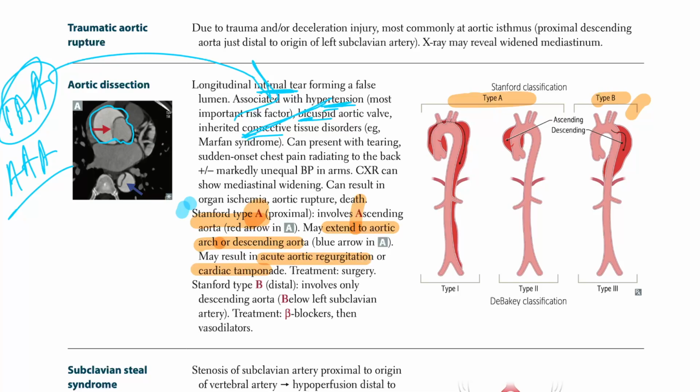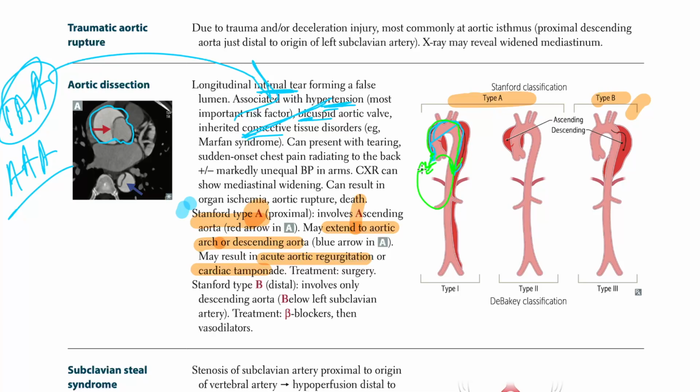Treatment is surgery. So what are they trying to say? If you look here, say the dissection starts from here. It can travel up the ascending aorta, it can travel into the descending aorta, and it also goes backward toward the heart.